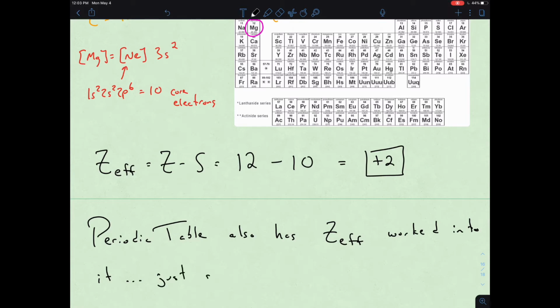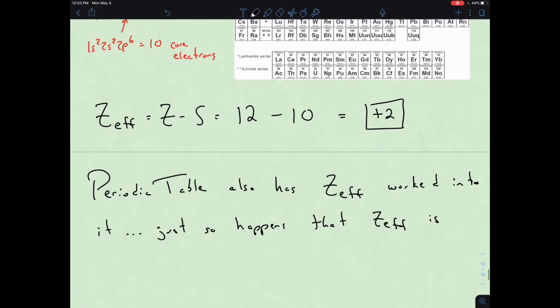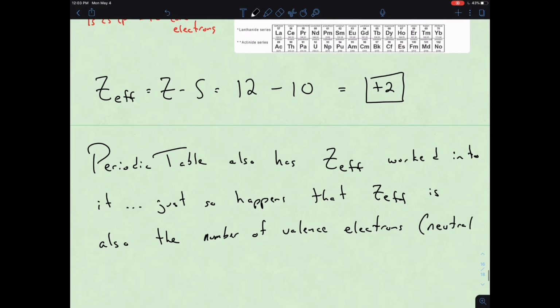And it just so happens that Z effective is also the number of valence electrons when we're talking about a neutral element.